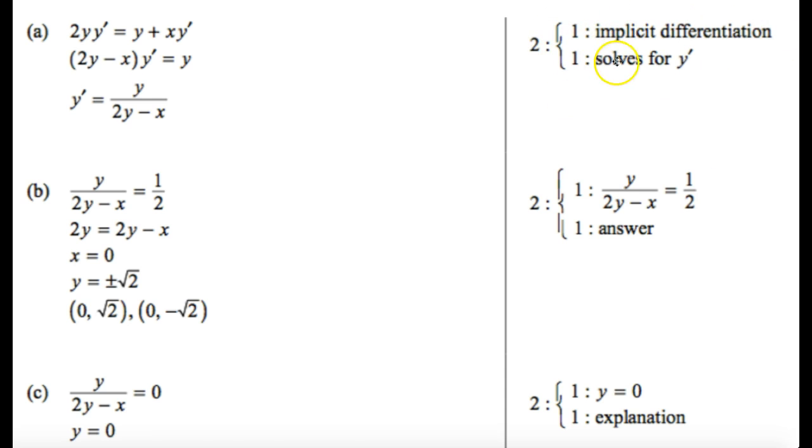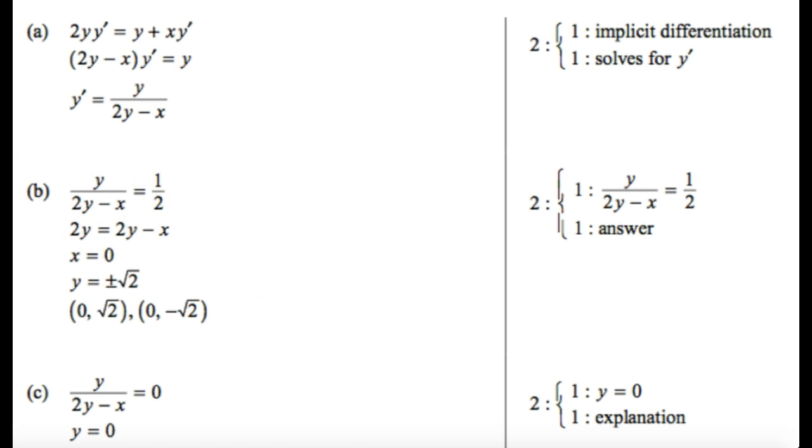You get 1 point just for implicitly differentiating, which just means tacking on a dy dx every time you take the derivative of a y. Then you get another point for correctly solving for dy dx. So part A was worth 2 points. That's an easy 2 points.